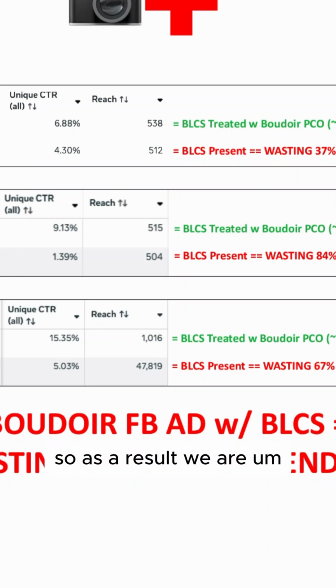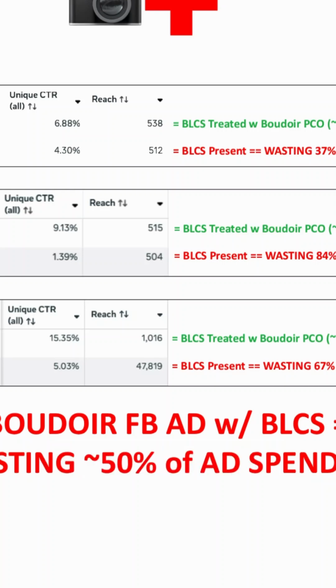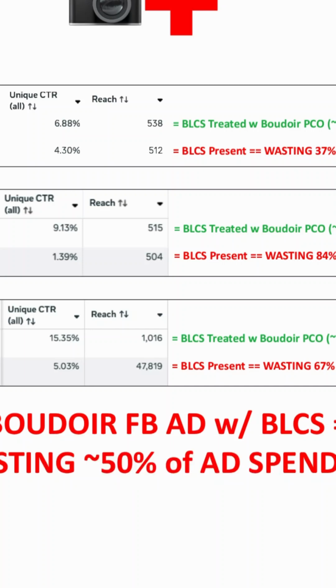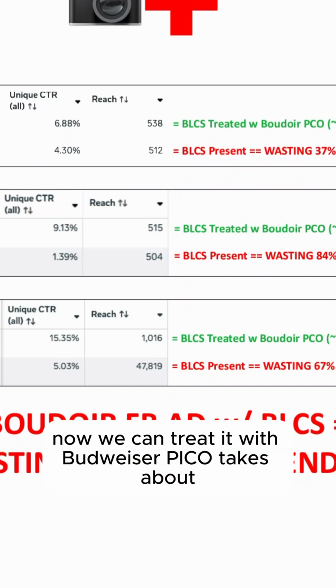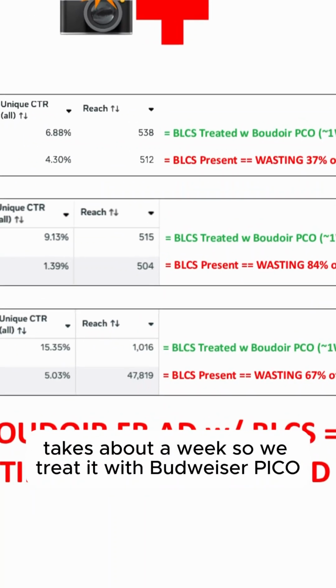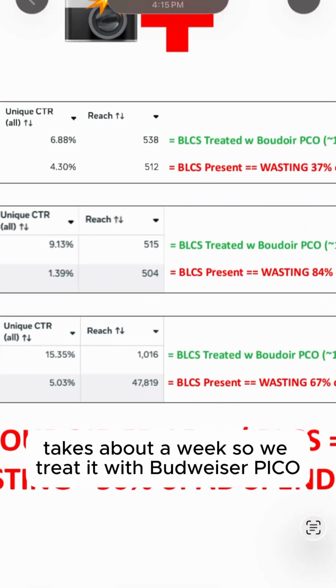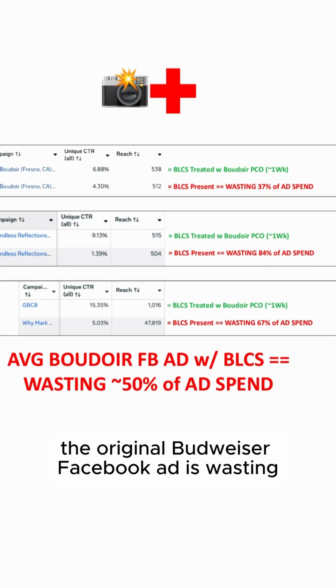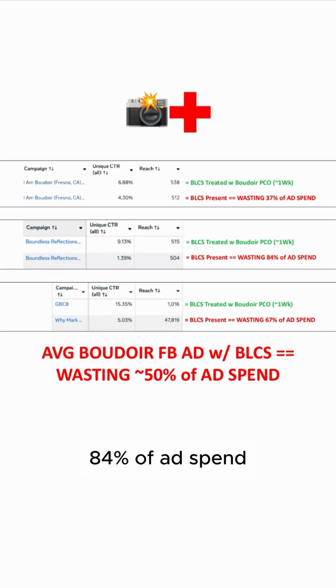So we knew that BLCS was present, and now we can treat it with Boudoir Pico. It takes about a week. We treat it with Boudoir Pico, get our unique CTR up to 9.13%, and we found out the original Boudoir Facebook ad is wasting 84% of ad spend.